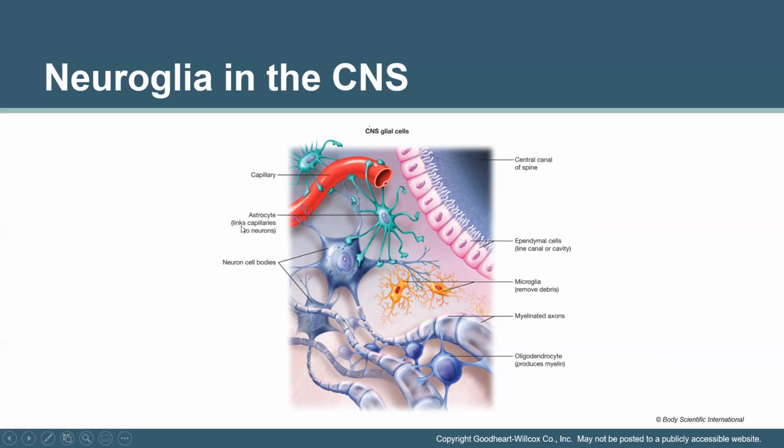Astro should tell us they kind of look like stars when we see that prefix. So they link capillaries within the CNS to specific neurons. Hopefully that makes sense, right? We need some kind of way to deliver nutrient exchange with these cells and for their own health.